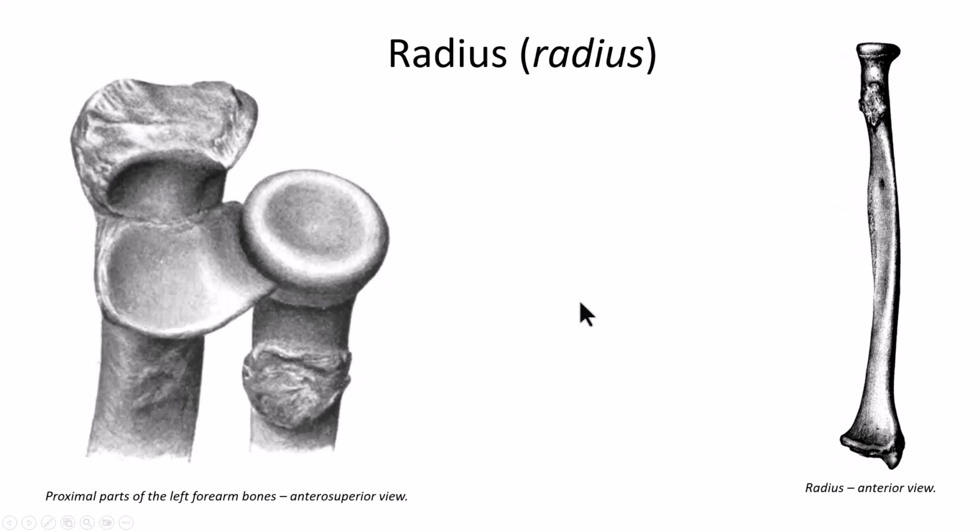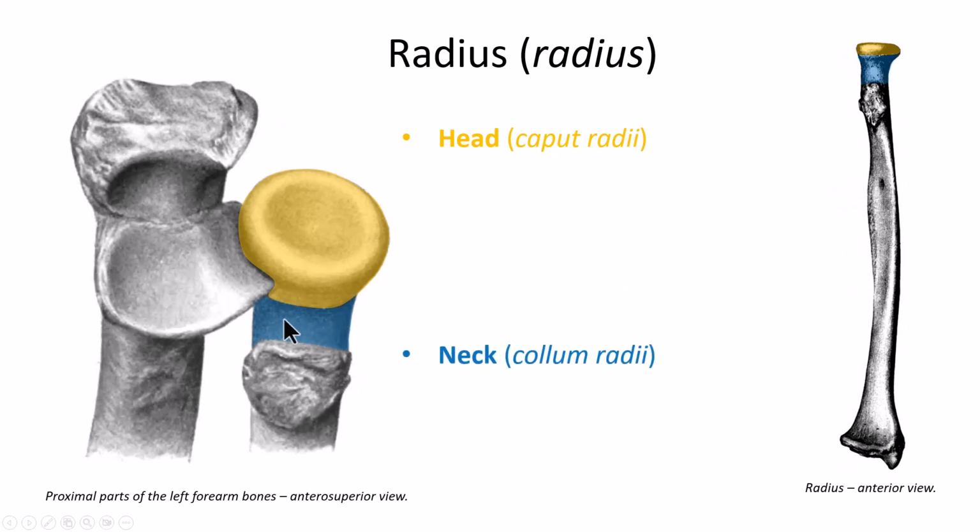Once again, we start from the proximal part. The figure on the left is familiar to us, while on the right we see the entire discussed structure in the anterior view. This time we have the classic arrangement as head, caput radii, is located proximal to neck, collum radii, which I think is clearly visible in the images.